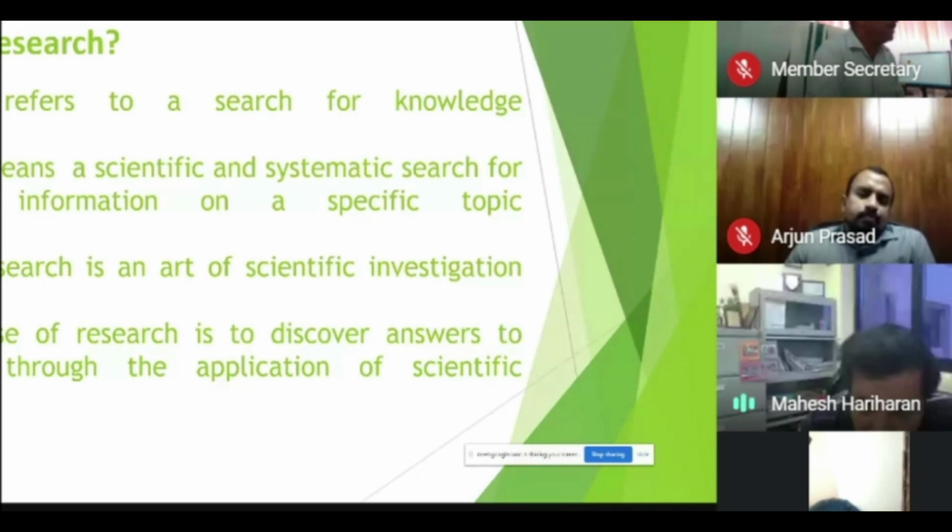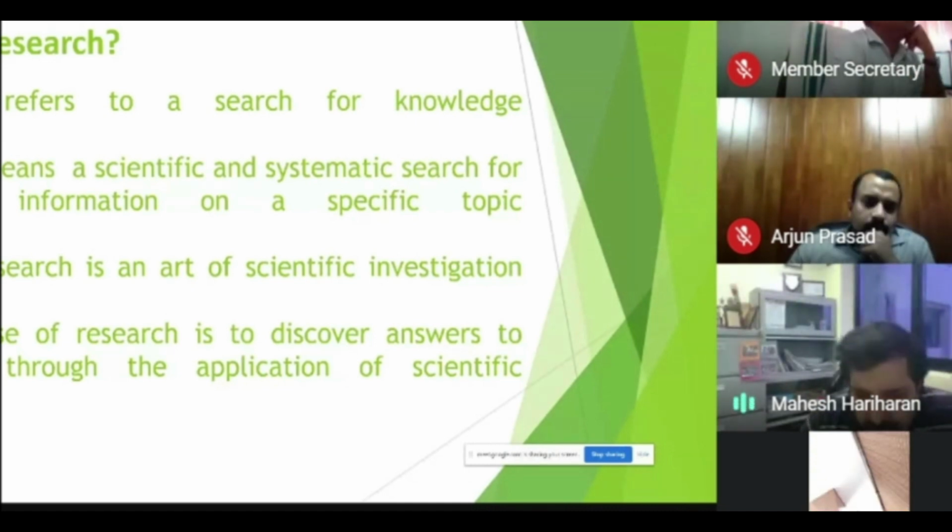In fact, research is also an art of scientific investigation, which means that you want to scientifically prove something and you take up research as your career and then start investing your efforts into focusing the investigation in a particular direction where the scientific story is unfolded through your research.